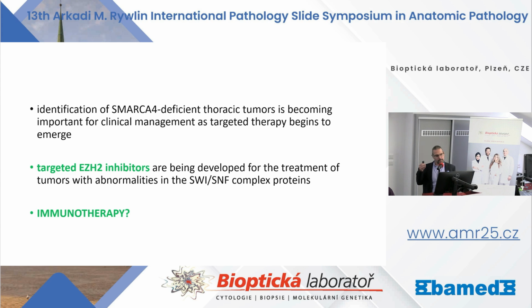Why is it important to identify these tumors? Because it's really important to tell it's probably undifferentiated carcinoma, to treat it like carcinoma, although the prognosis is still very, very bad. But nowadays, they are trying to develop inhibitors for cancers having these alterations in the SWI/SNF complex, including EZH2 inhibitors, and maybe immunotherapy will work for a proportion of these cases, but it's still hard to tell.